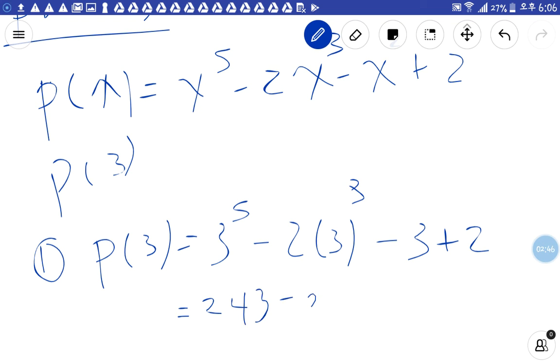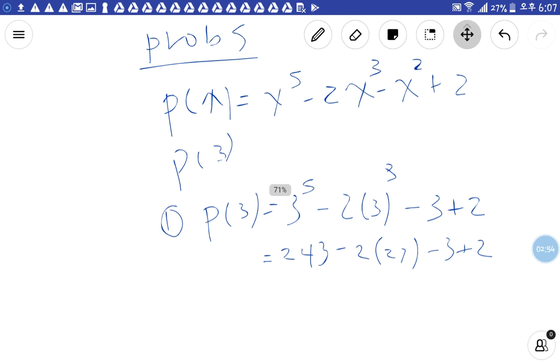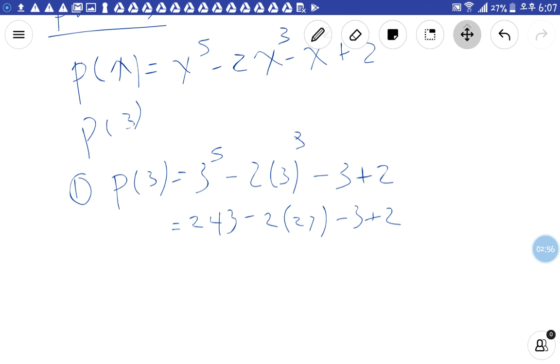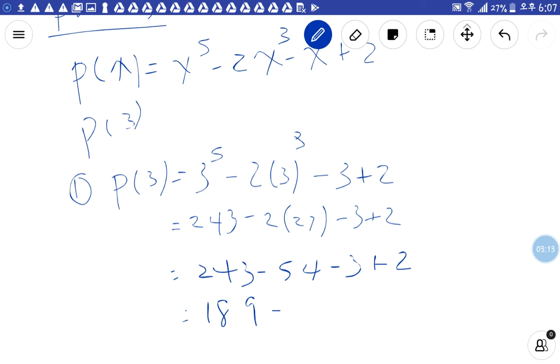And then 2 times 3 times 3 times 3, which is 27, so 54, minus 3 plus 2. And then I have 243 minus 54 minus 3 plus 2. 243 minus 54, that would be 189.